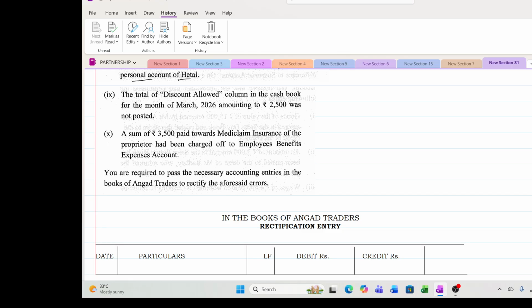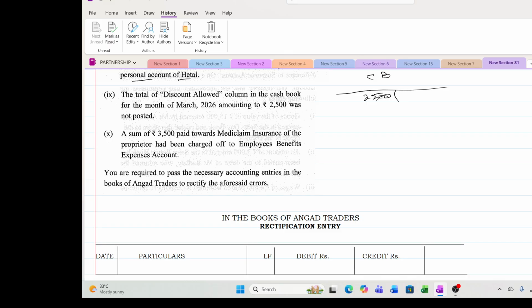See here what happens. In the cash book, I'll just give you one example. Cash book, a customer is making a payment after getting a discount of 2,500.